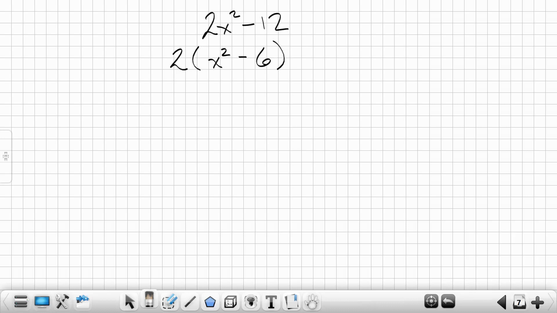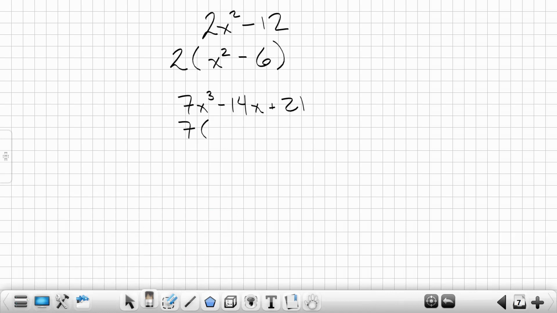We're going to do that again on the next one, 7x cubed minus 14x plus 21. What is the greatest common factor? 7. We're going to factor out 7. Somebody tell me what's going to be left over.